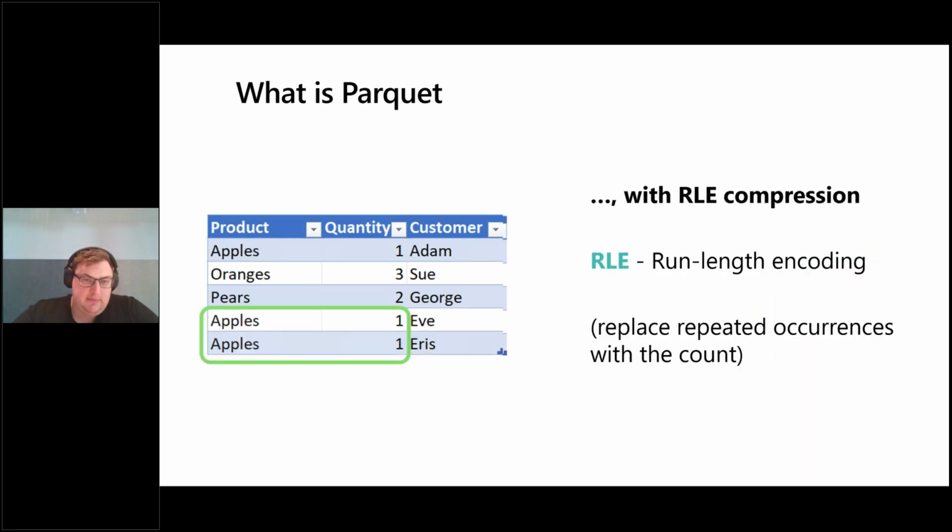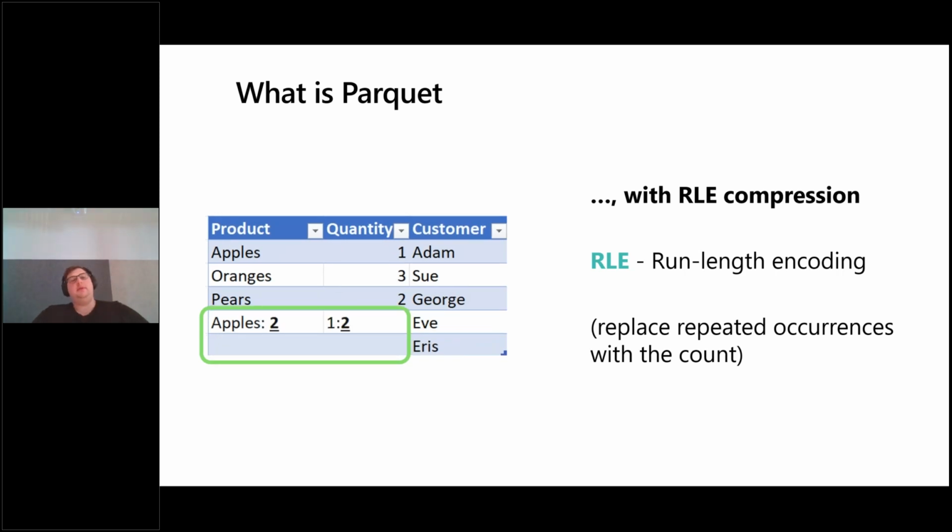We also do something called RLE, run length encoding, where instead of repeating the values, we just say that a value is repeated X number of times, reducing the number of times something needs to be written in that file. A lot of things to explain here, but that's the basis of what the Parquet file does and what Delta does for us. These things allow us to make the size of a file smaller and allow us to read the data faster afterwards. That's essentially the thing.